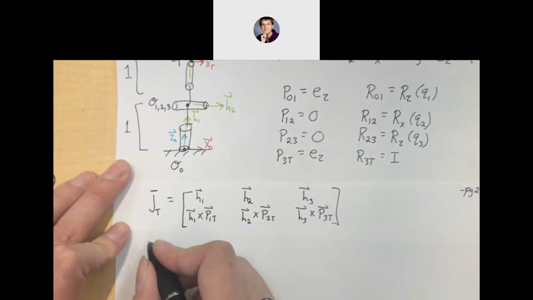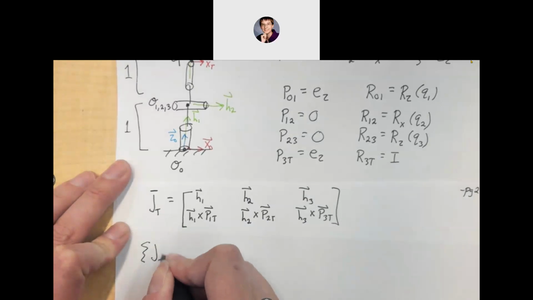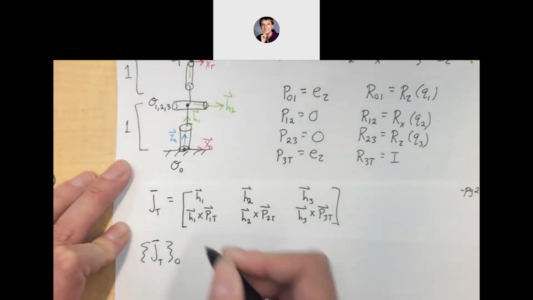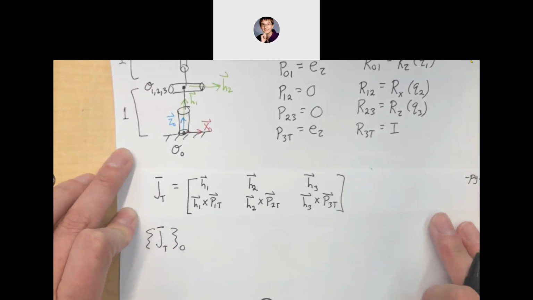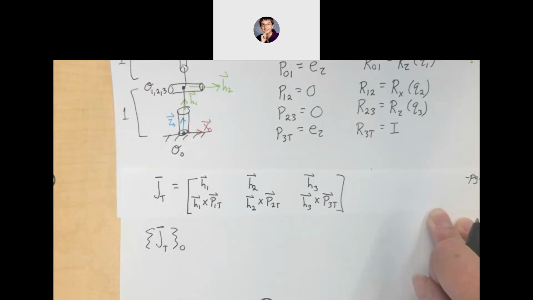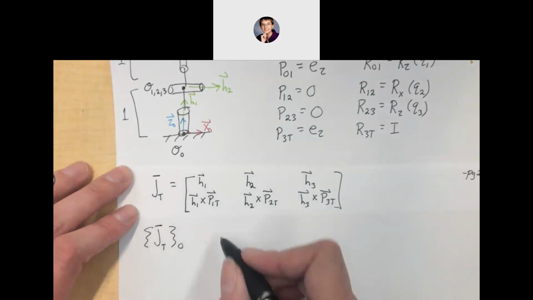So now, let's say I want to represent this in the base frame. That's usually a pretty common one that we do, but it is possible that maybe you want to know what it is relative to another point, in which case you could do that as well.